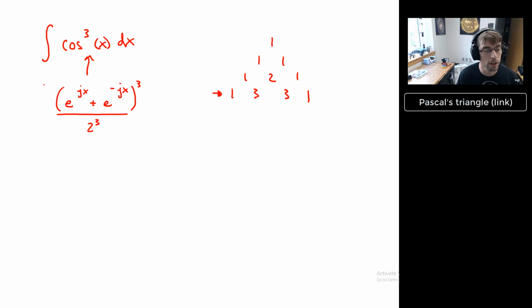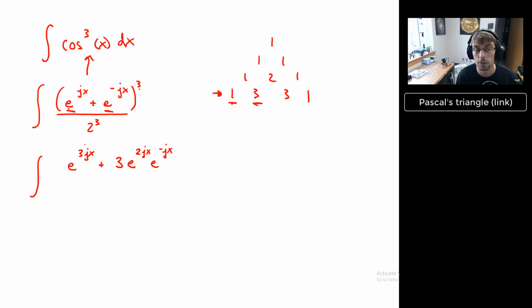And so I could rewrite this as e to the 3jx, that first term cubed, and 1 is the coefficient. Then plus 3 e to the 2jx e to the negative jx. I take the first term squared, multiply by the second, and this is my coefficient.